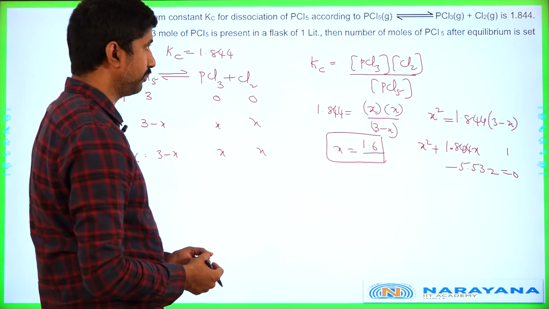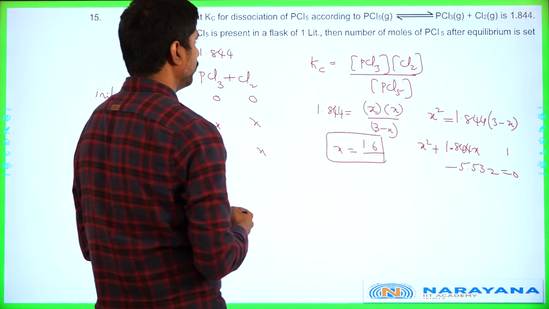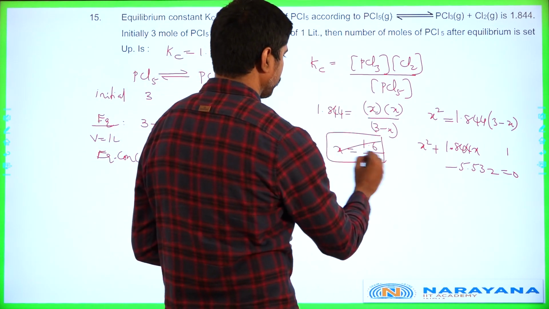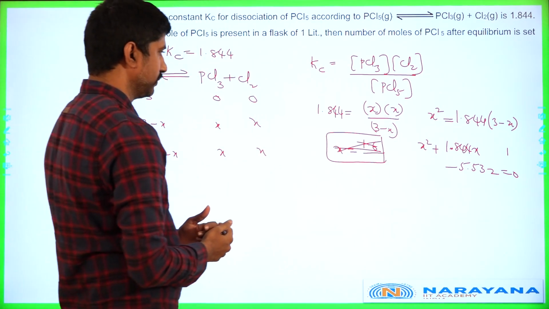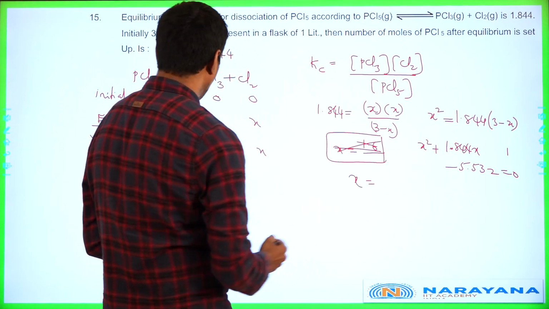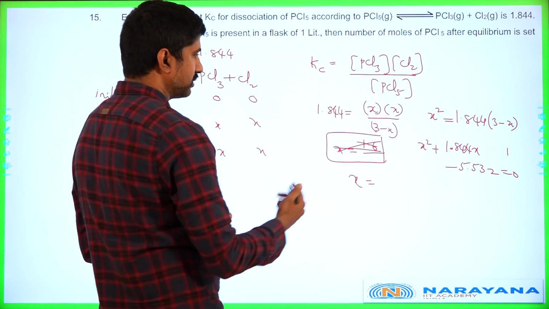So x is 1.6, and they are asking the number of moles of PCl5 left over. If you solve that, x will be minus b plus or minus root of b square plus 4 into 5.532, by 2.